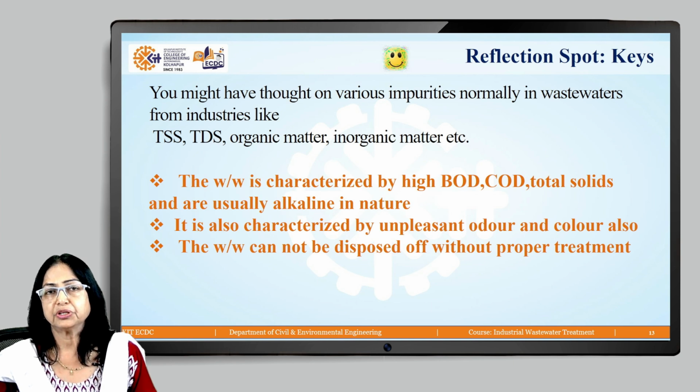You might have thought about various impurities like TSS, that is total suspended solids, total dissolved solids, organic matter, inorganic matter, etc. In the case of tanneries, the wastewater is characterized by high BOD, COD, total solids, and usually it is alkaline in nature because most of the chemicals used are alkaline. It is also characterized by unpleasant odor and color, and the wastewater cannot be disposed of without proper treatment.